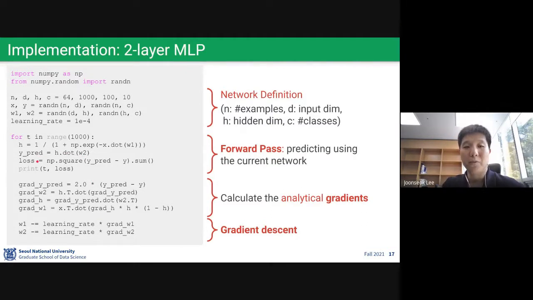When you compute the loss function, because this is a regression, we are using the squared loss function. So prediction minus ground truth, and we sum all of that squared. This is basically the squared loss, and it prints the loss at time t. Then what we need to do, remember from our previous lecture, is we do the forward pass to estimate using our current model, and we compute the loss based on that, and use the loss to update the parameters to make it better, right?